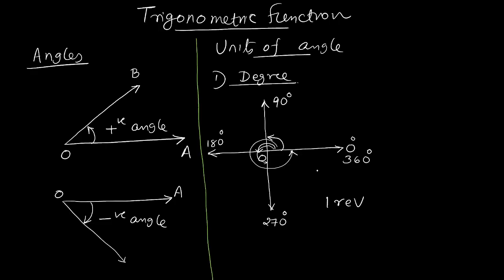If one revolution is completed, then the corresponding angle is said to be 360 degree. So one-fourth of rotation will be 90, half of rotation 180, like that.